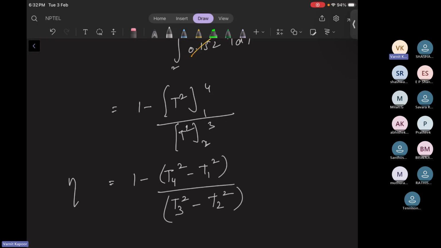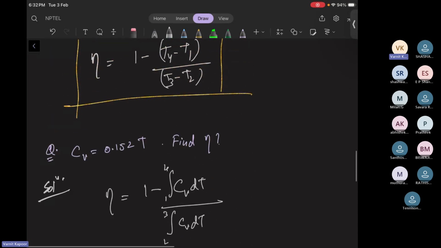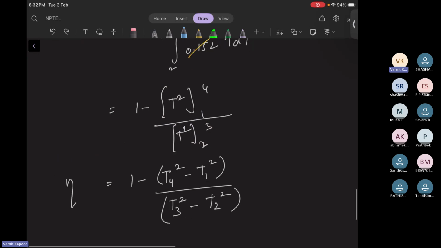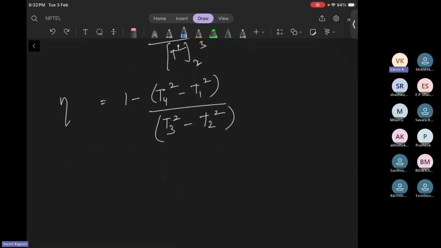Now you need all the temperatures if given by the examiner in the question. This is a simple linear expression; if someone gives a quadratic expression, you have to integrate in that sense. So this is the efficiency. Efficiency is nothing but 1 minus heat rejection to heat addition.